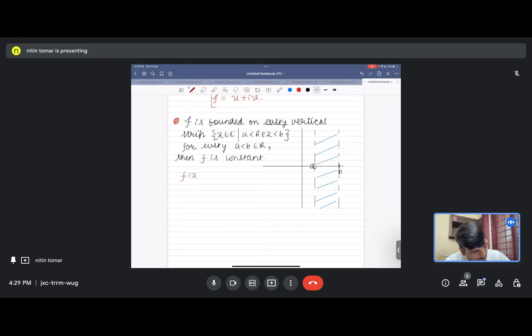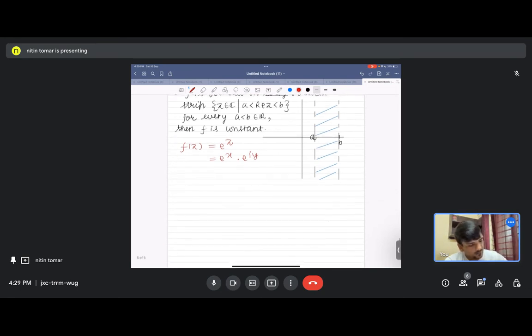because see, if you take this function e power z, then what does it become? It becomes e^x e^(iy). If you are assuming z is equal to x plus i y, this f is an entire function, right?